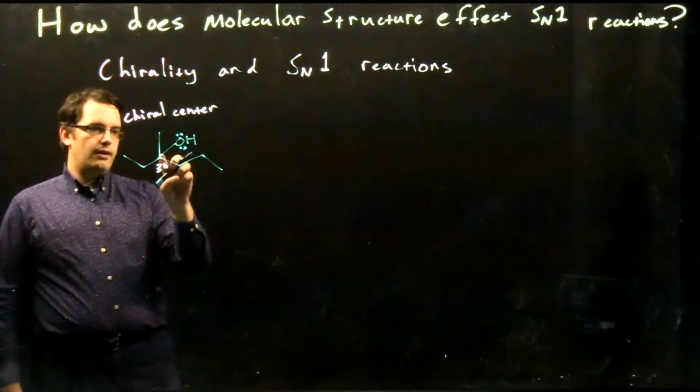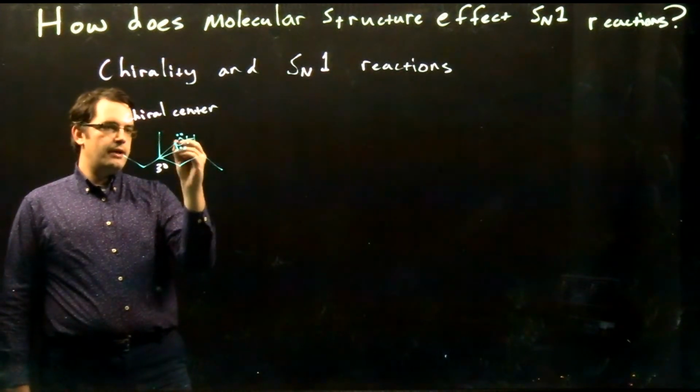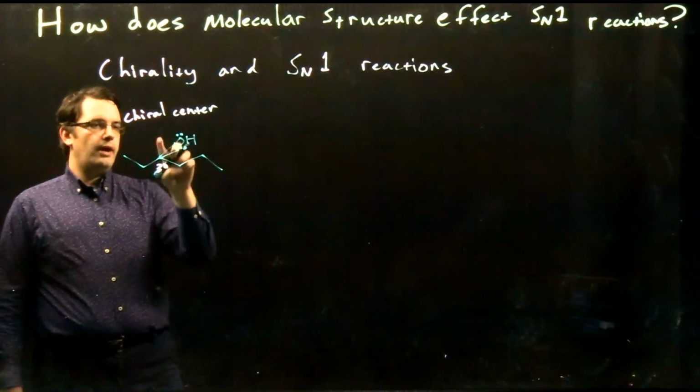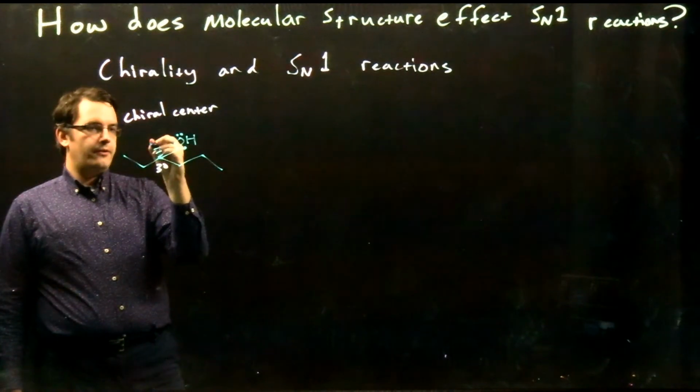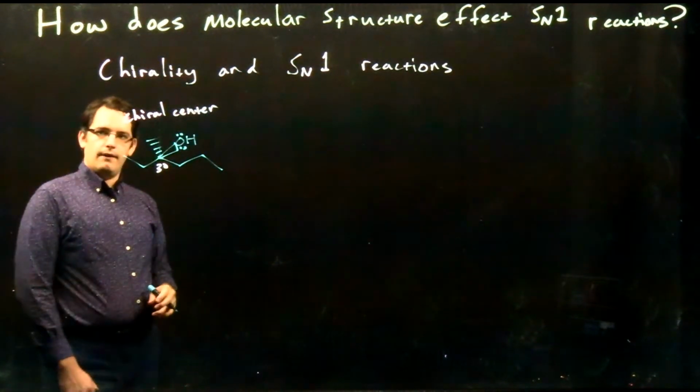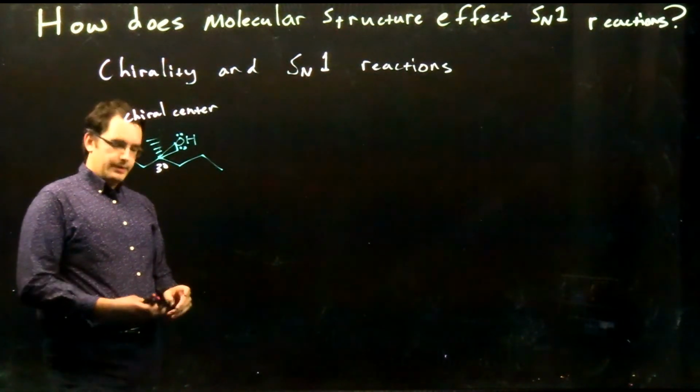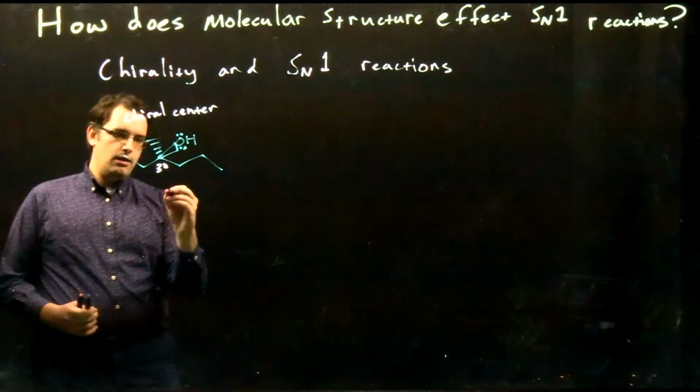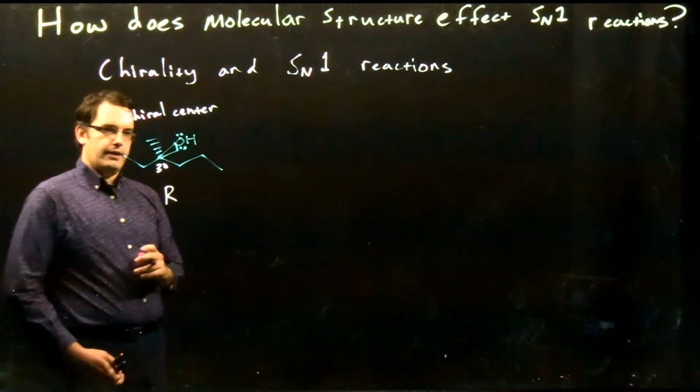Right, so if we have our oxygen coming forward, so we put that on a wedge, and then we have our methyl group going backwards, putting that on our dash. This would give us our R configuration for this chiral center.